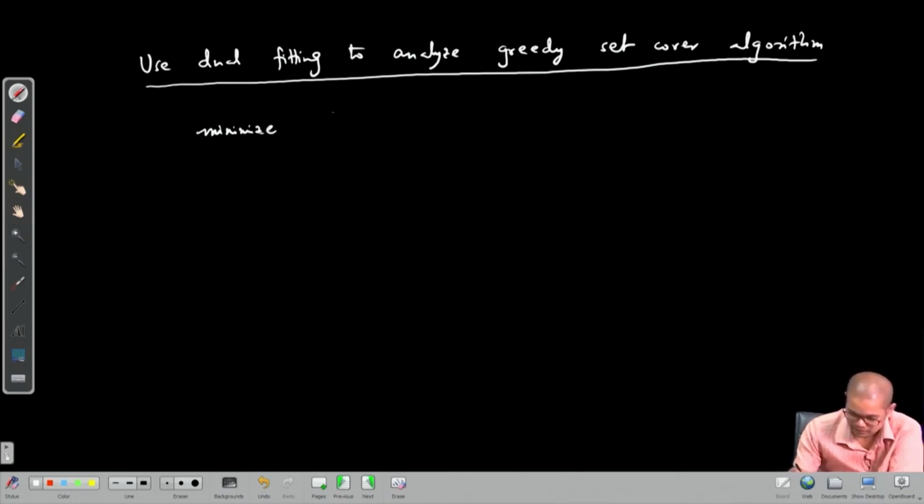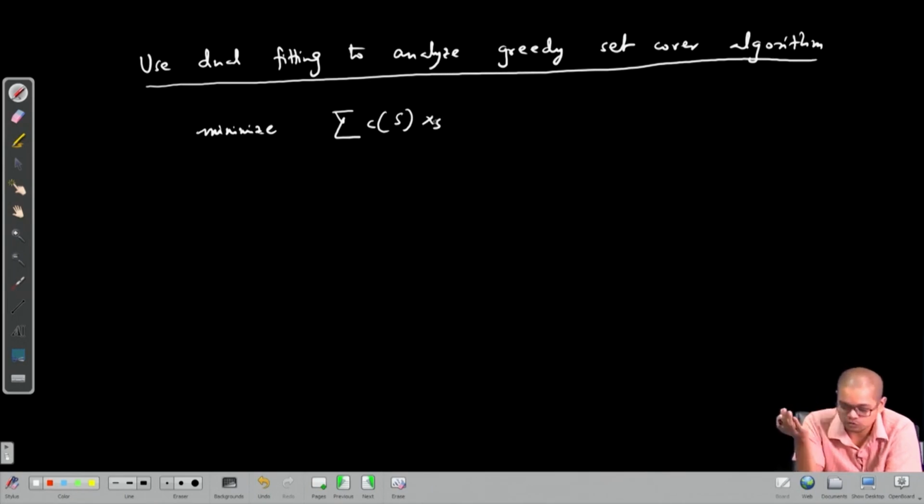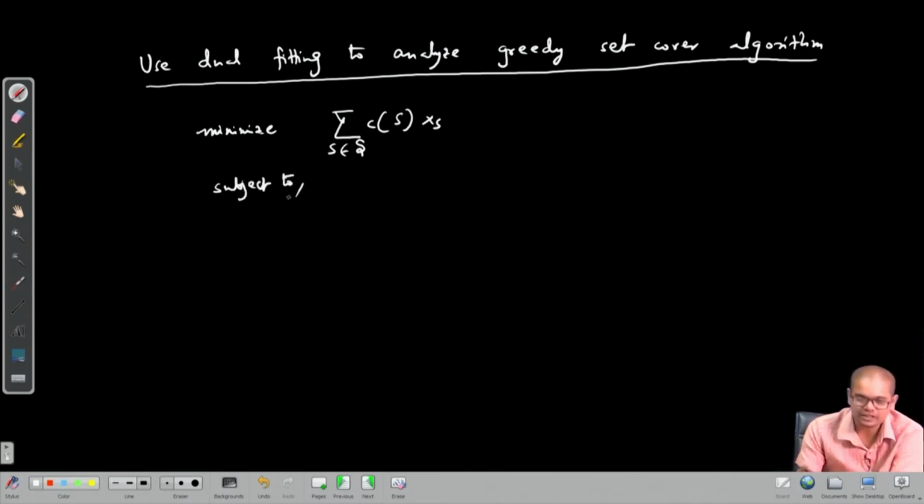Minimize summation Cs xs. So, we have a variable for each set of the set cover instance, and Cs is the cost, and it is a 0-1 variable. If the set S is picked, then xs is 1, otherwise it is 0. So, you are summing over all sets in the collection of sets, subject to the constraints that each element should be covered.